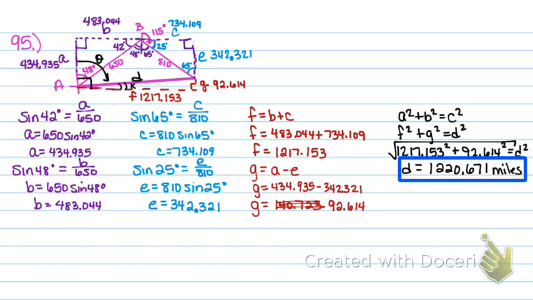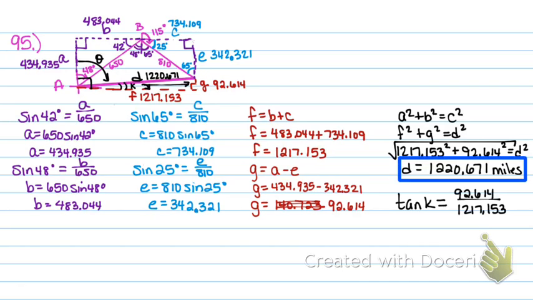Well, I know from that K and that right triangle that it's in, I know opposite and I know adjacent. I also know hypotenuse, I just didn't write it up there. So what trig function do you want to use? Opposite over adjacent, so tangent. So tangent of angle K equals opposite, 92.614, over adjacent, 1217.153.